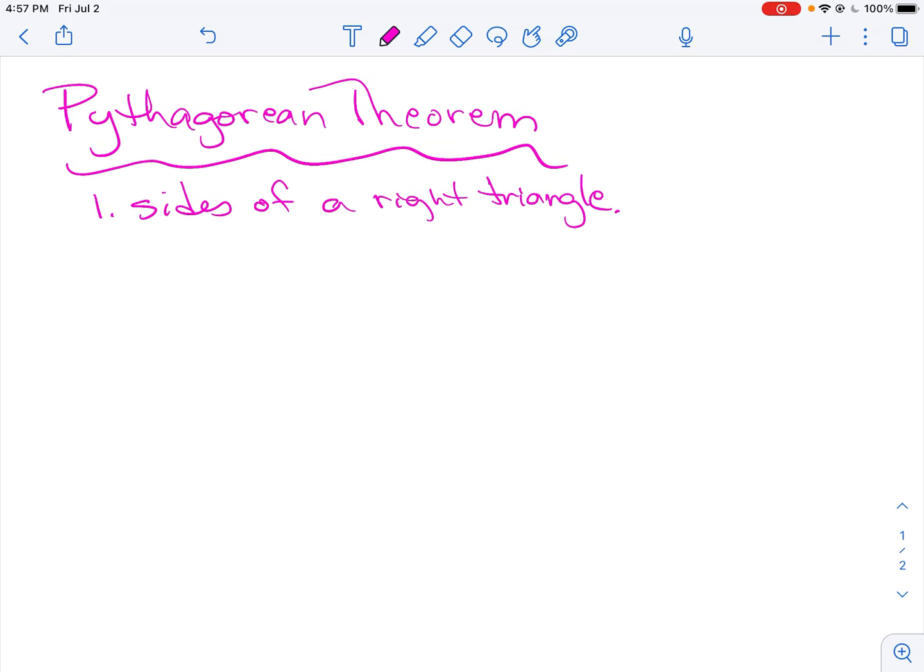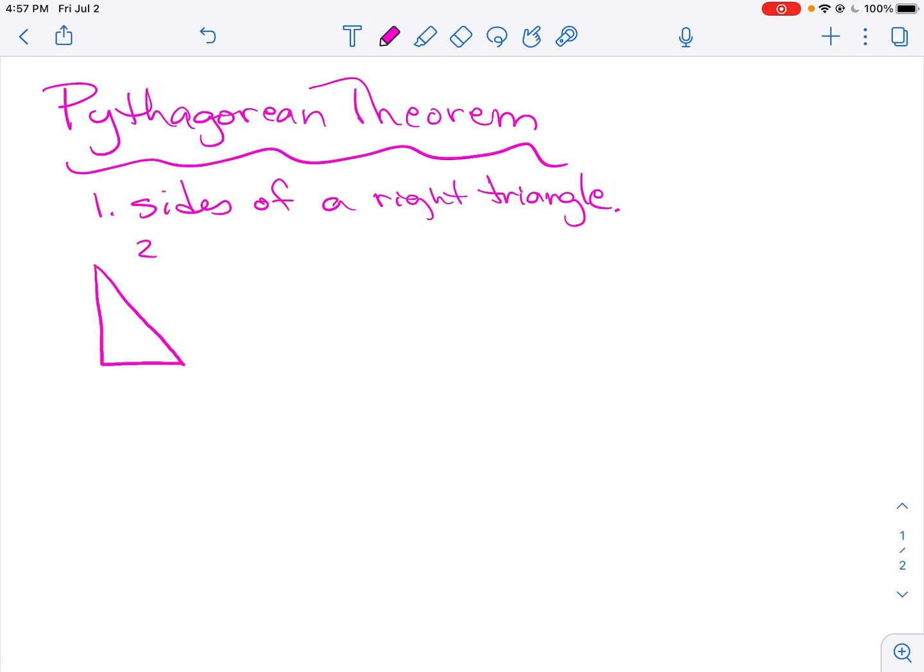Now, remember that it's not going to be perfect when I'm drawing this. Okay? So the Pythagorean theorem says leg squared plus leg squared equals hypotenuse squared.